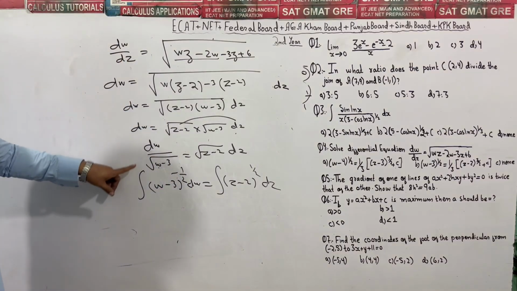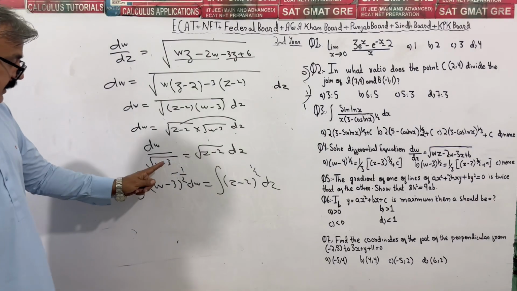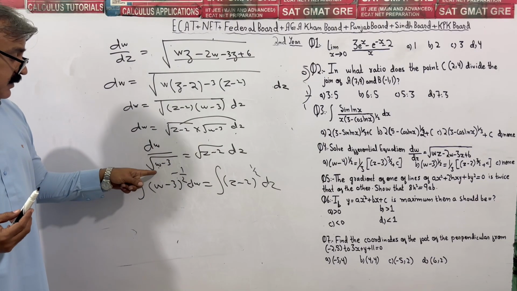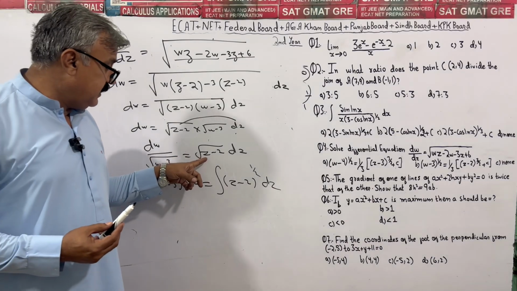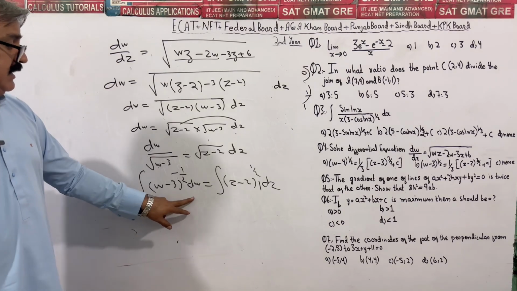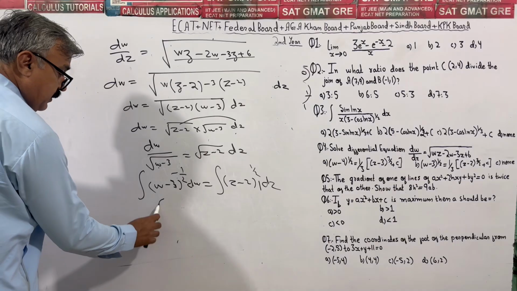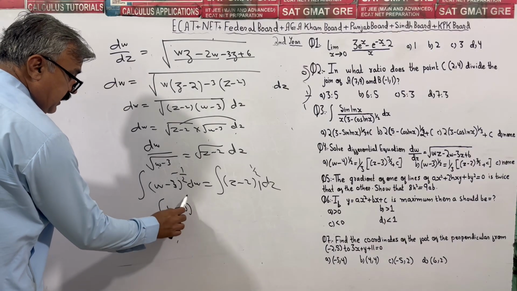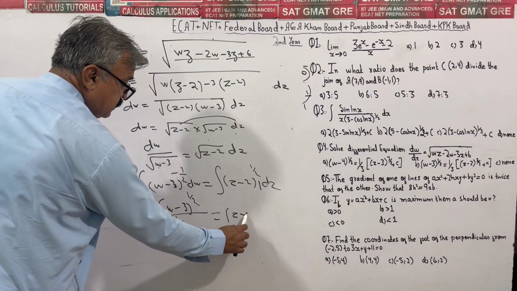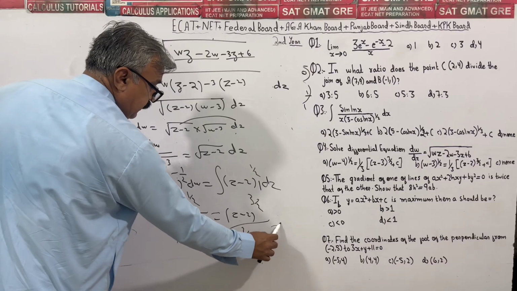We have to integrate with respect to w and with respect to z. It has power 1 upon 2, and the differentiation of w is 1, because with respect to w it has derivative 1, and with respect to z it has derivative 1. That is always present: function, derivative. Add 1 to the power of the function only. It will become w minus 3 to the positive 1 upon 2, equal to z minus 2, adding 1 it will become 3 upon 2, divided by the same, plus c.